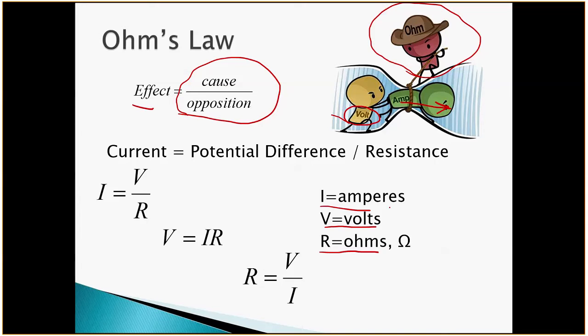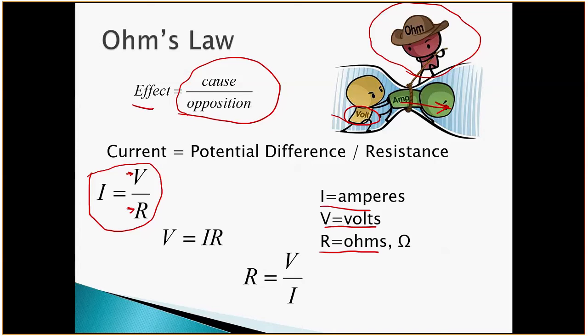So if I look at that equation, that's where I start with my very first equation, known as Ohm's law, which says that the current is equal to the voltage divided by the resistance. Again, voltage is the pressure, and the resistance is the opposition.